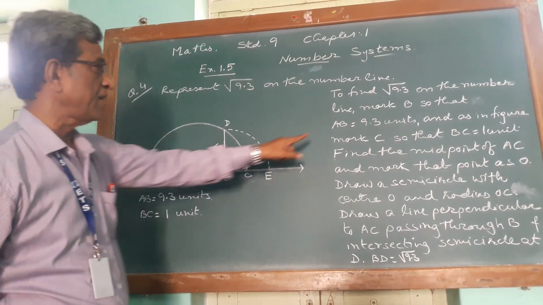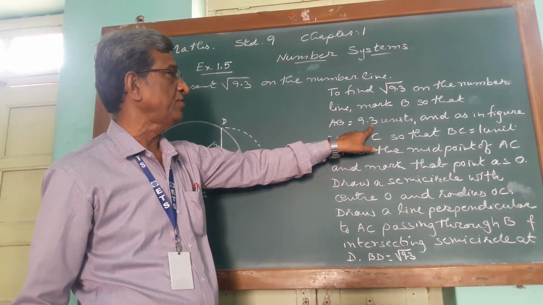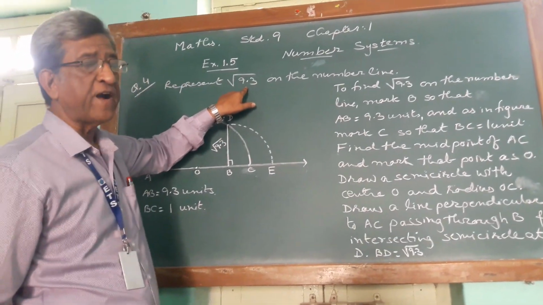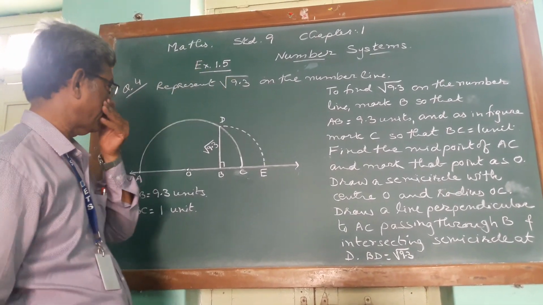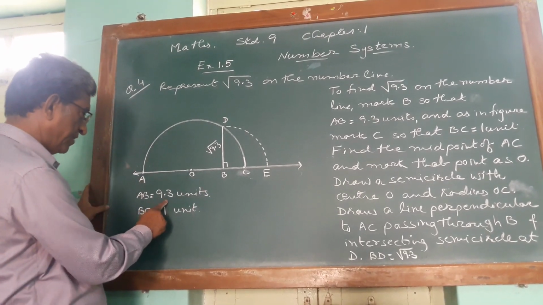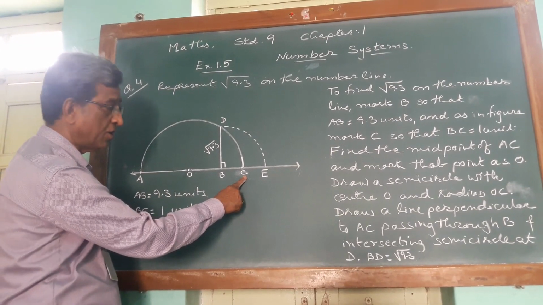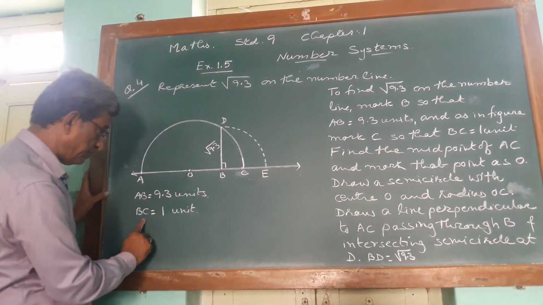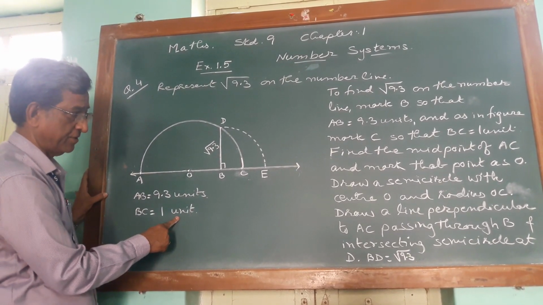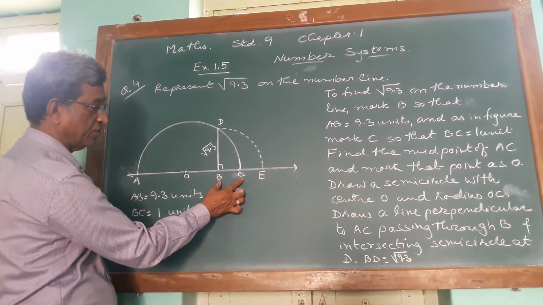You have to write AB is equal to 9.3 units, as you have to find root 9.3. Then take a point C on the number line such that BC is equal to 1 unit.